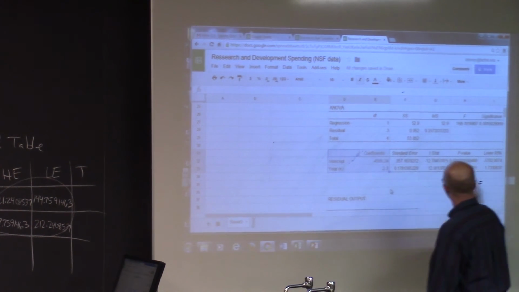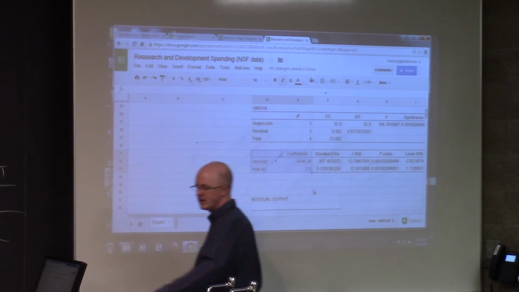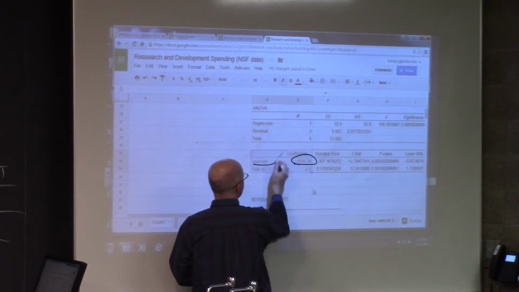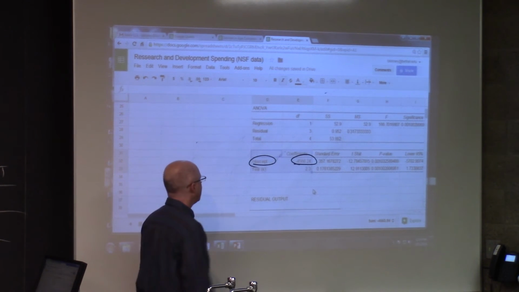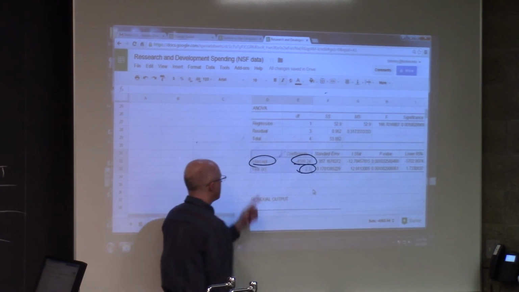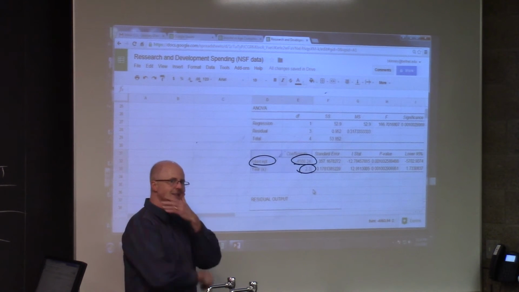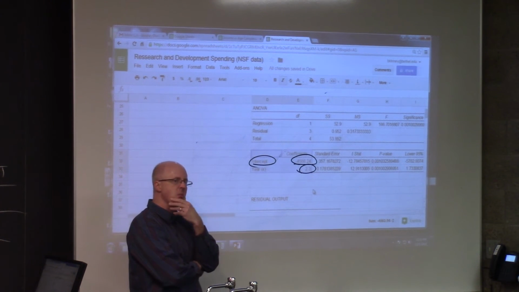This came up on your homework. There's the intercept of the regression line. And there's the slope, even though it's not labeled with the word slope. Why would they not label it with the word slope if it's a slope?